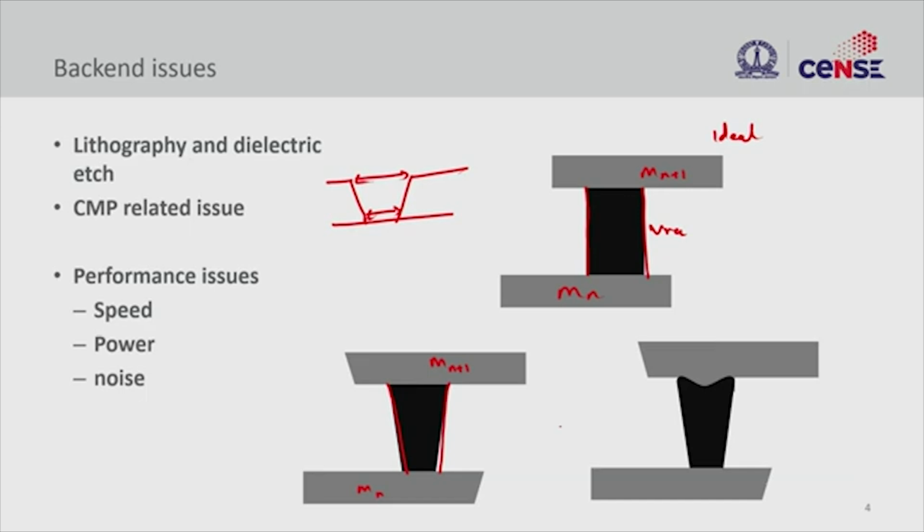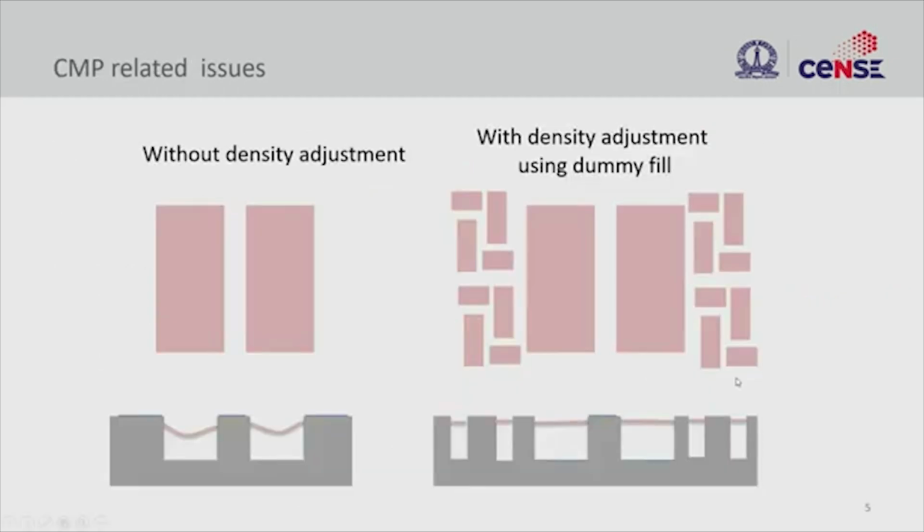So let's look at another thing. This is again coming from patterning plus CMP, chemical mechanical polishing. Here you can see you have a sloped sidewall, but also this dishing, which is a characteristic of CMP.